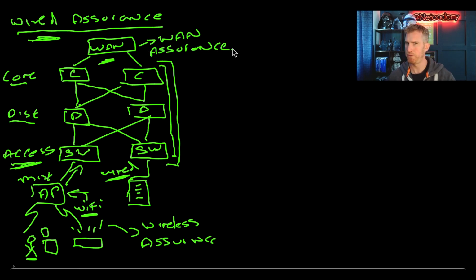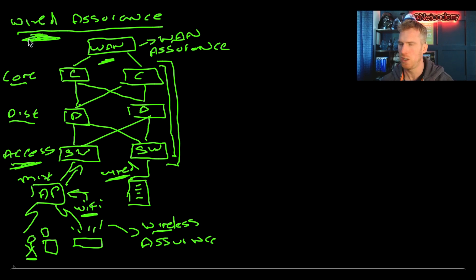So as a general differentiator between what is wired assurance, WAN assurance, and wireless assurance, there you go. WAN assurance is looking at the SD-WAN. Wireless assurance is looking at the Wi-Fi, the access points and the devices connecting to that Wi-Fi, to that wireless LAN, to that access point. But for the context of this video, wired assurance is about the switching network itself.